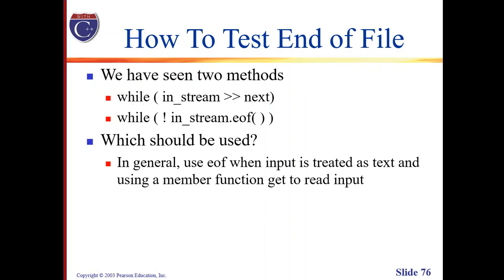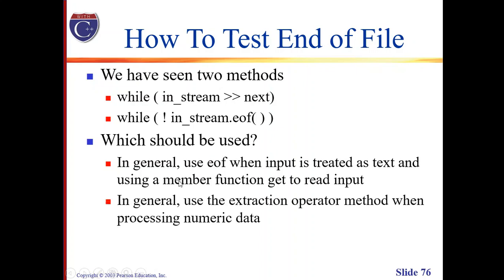In general, we can use the end of file when input is treated as text and we use the member function get to read input. So that's the case here. If you are going to use the member function get, then it only makes sense to use the method which utilizes the end of file character. On the other hand, we use the extraction operator when processing numeric data, such as the first example that we have.